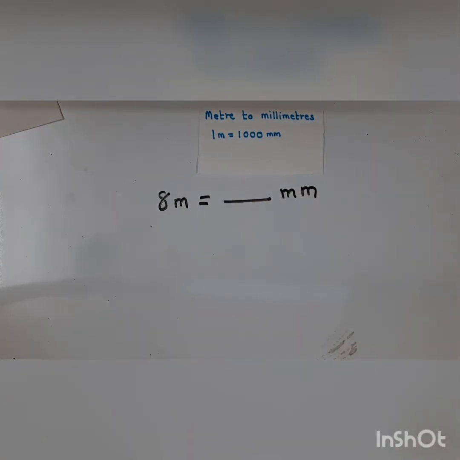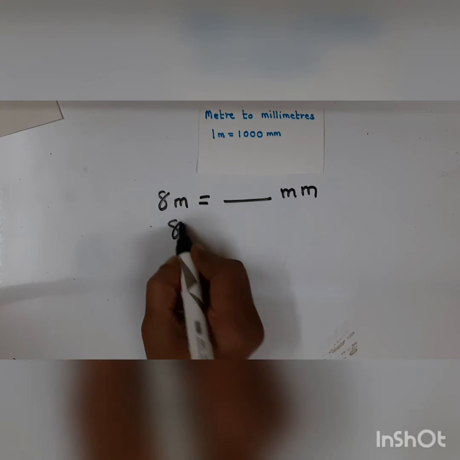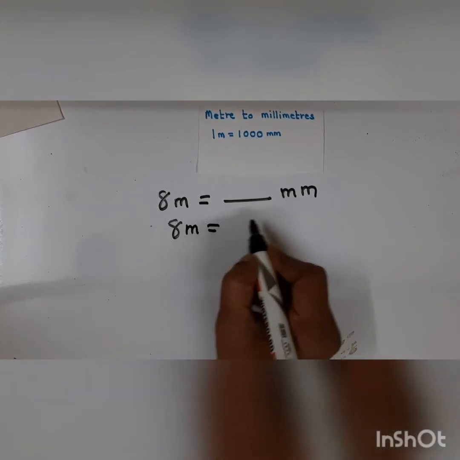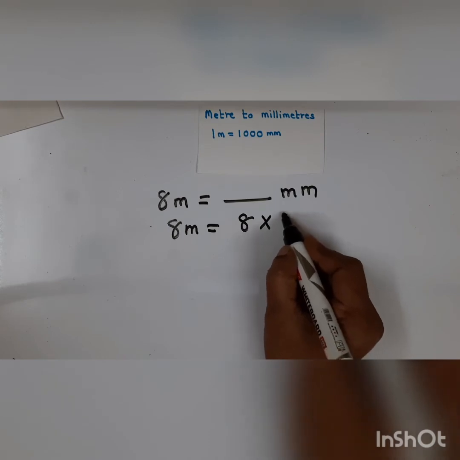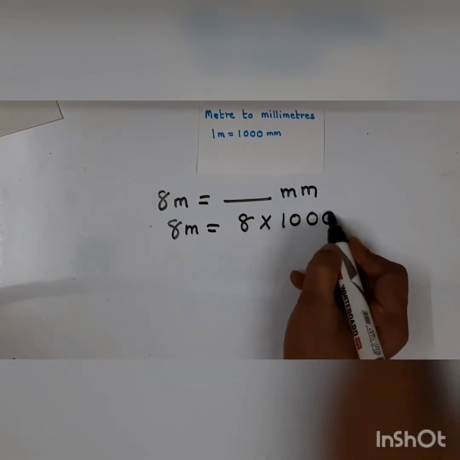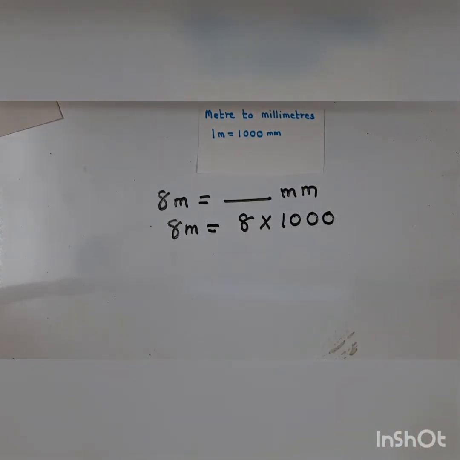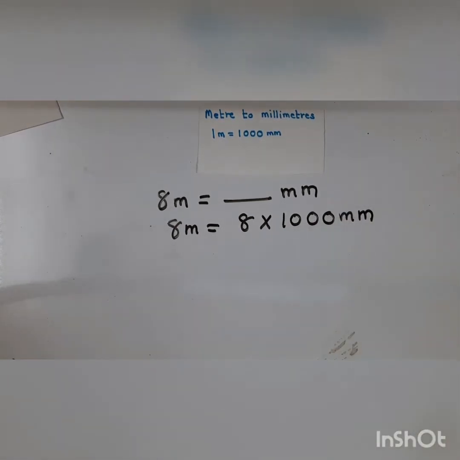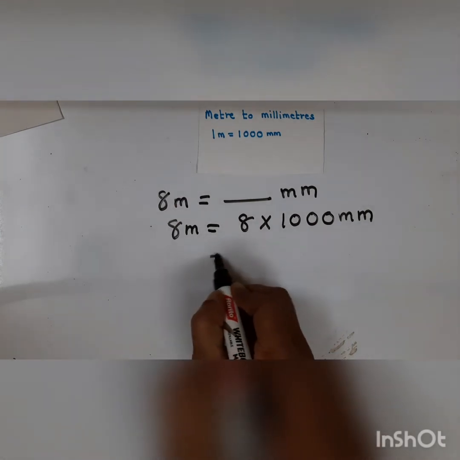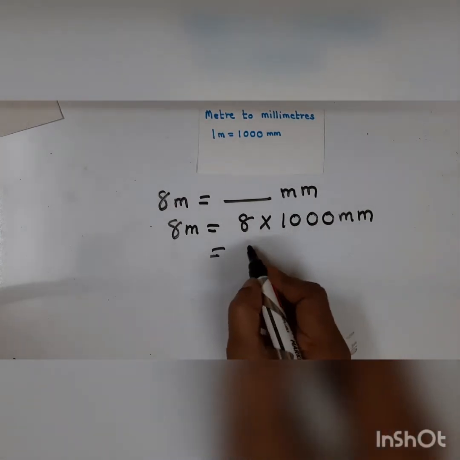Yes. So what should I do? 8 meters is equal to 8 into children, what into? 1000. Okay. So that's your millimeter. Now multiply, children. How many zeros? 1, 2, 3.